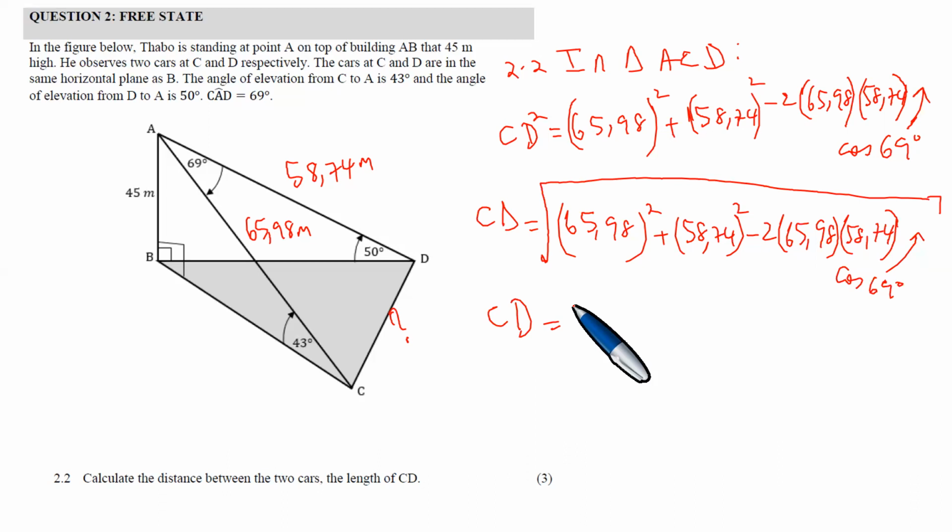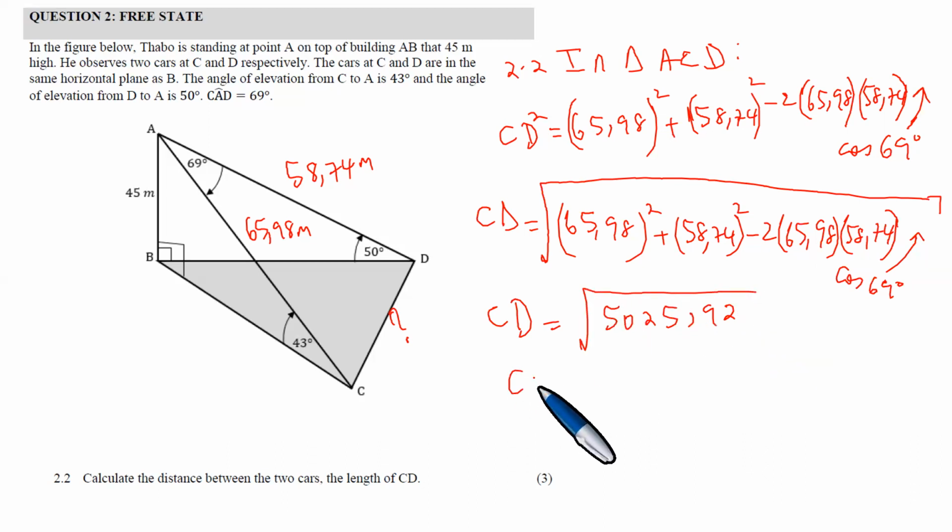We multiply that by 58.74. We multiply that by the trigonometric cosine of the angle 69 degrees. And the answer to that is 5025,92, square root this way. So we're able to see therefore that CD is 5025,92. Right.